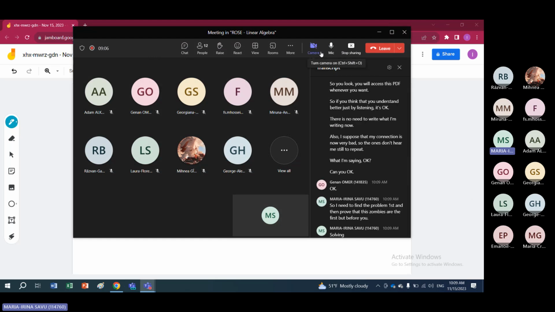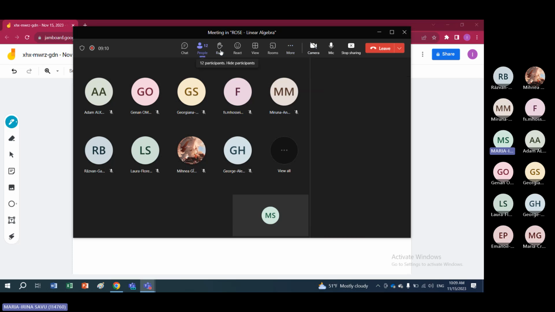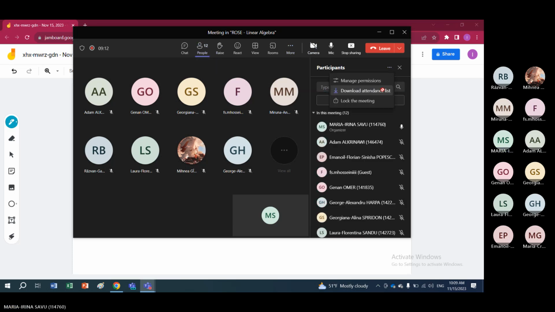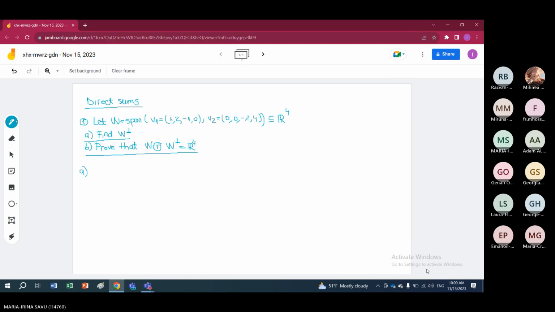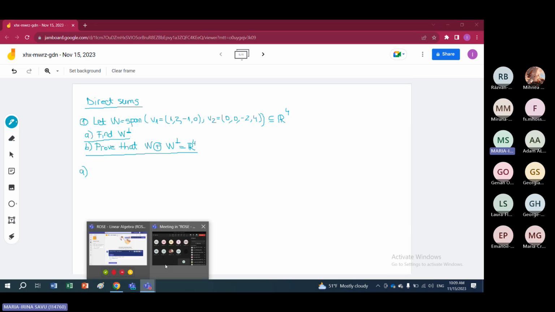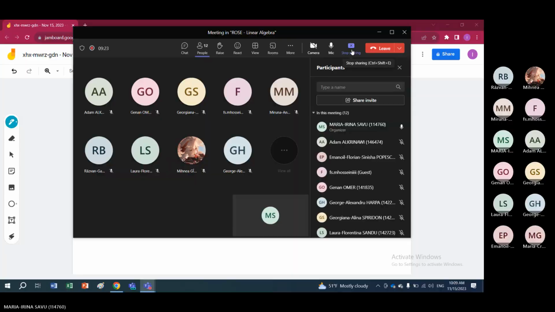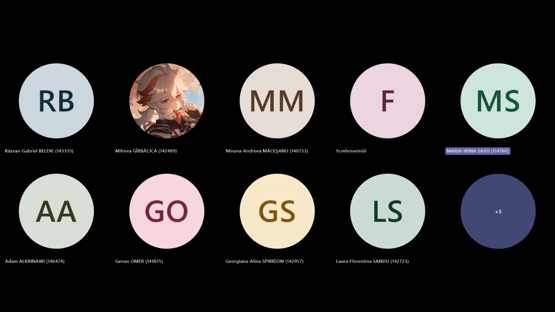So I need to find the perpendicular first, and then prove that this sum is R^4. But before solving this exercise, let's download the attendance list. Just a second. I want to see who I'm talking to, and I will make a short check of the attendance list. Let me start. Just a second.